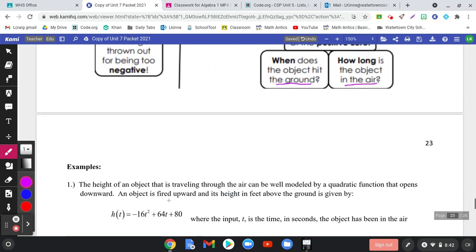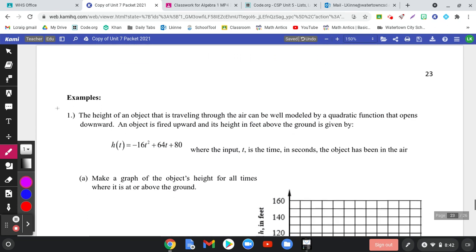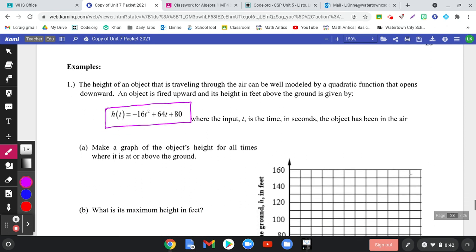So let's look at some examples. They'll look tricky just because any word problem does, but if I give you any kind of equation, we're going to put it right into our graphing calculator and take a look. But let's read through what's happening. The height of an object that's traveling through the air can be well modeled by a quadratic function that opens downward.